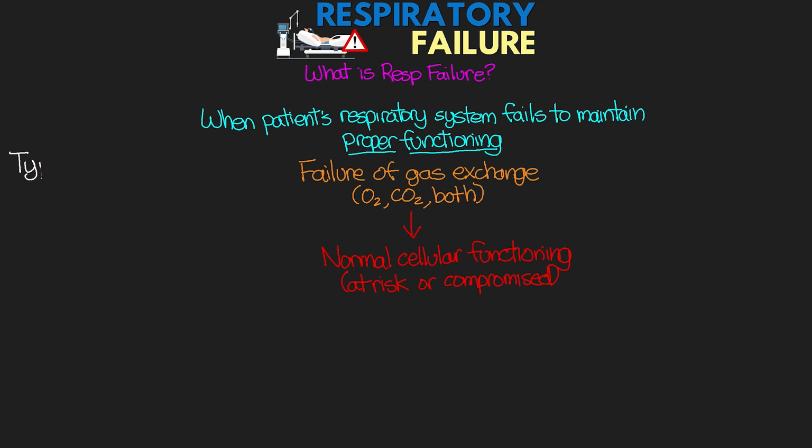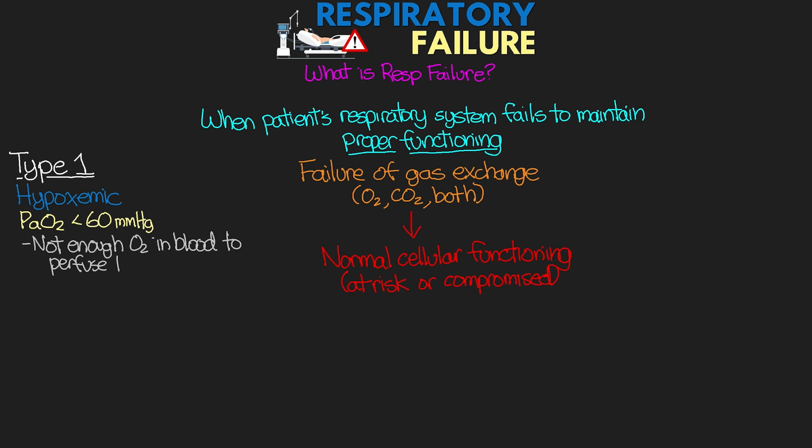So first we have something that we call type 1 respiratory failure, and this is essentially our hypoxemic respiratory failure. Here, as the name suggests, this is an impairment of oxygen in the blood, and we're typically going to define this as having a PaO2 less than 60 millimeters of mercury. Essentially, we don't have enough oxygen in the blood to properly perfuse tissue.